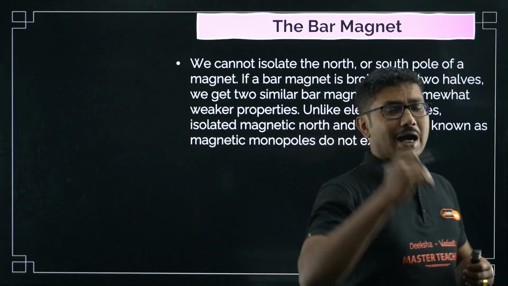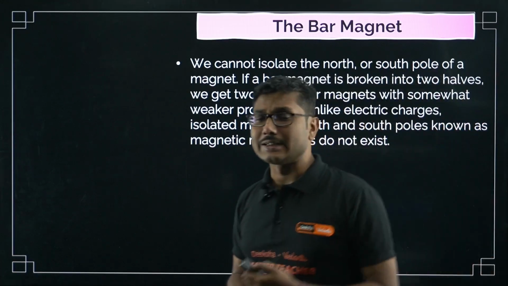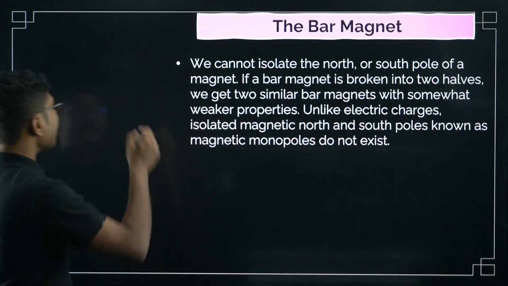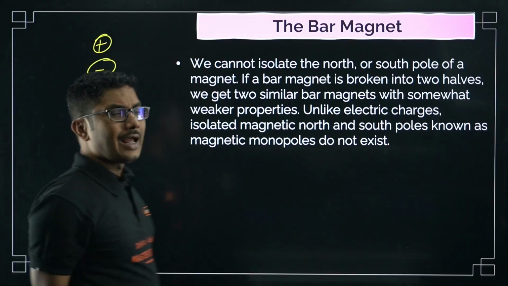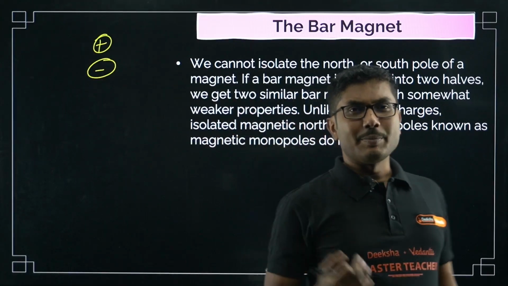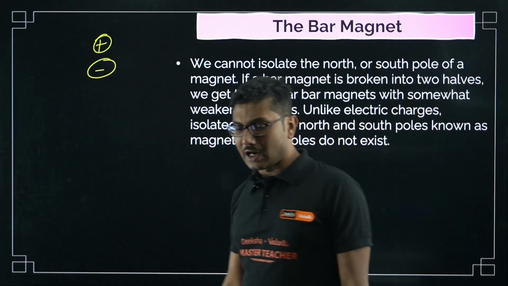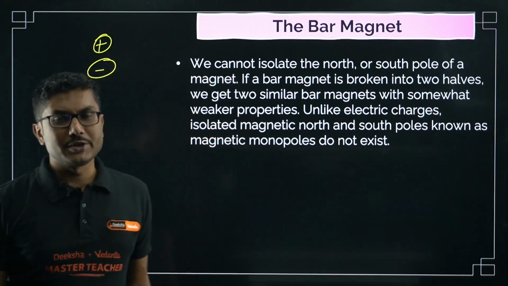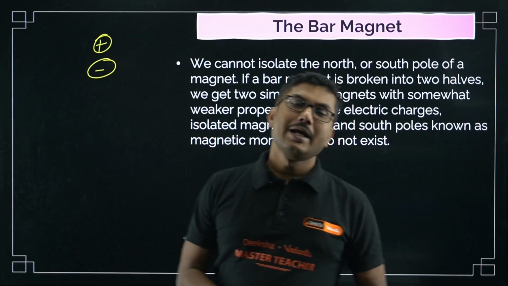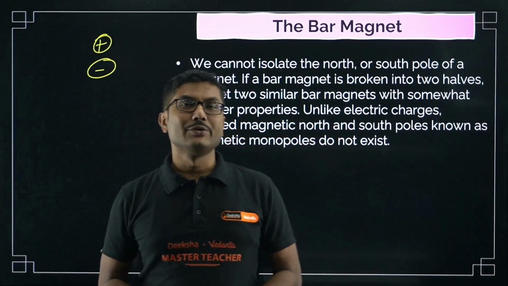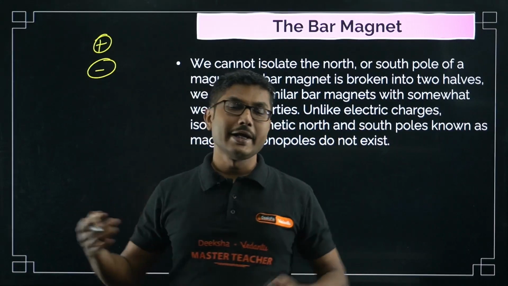In the electric charge chapter, we learned that there are 2 types of charges, positive charge and negative charge, and they can exist independently. So you can have a negatively charged object or a positively charged object, but in the case of a bar magnet, or any magnet, you cannot have isolated poles.